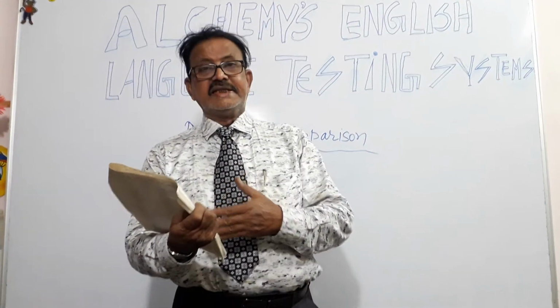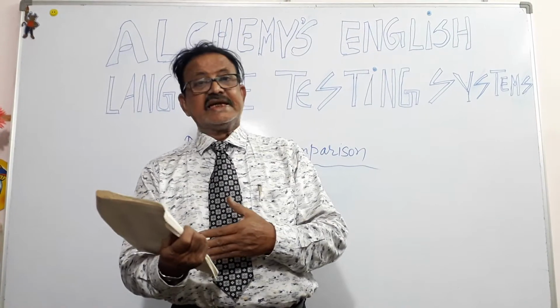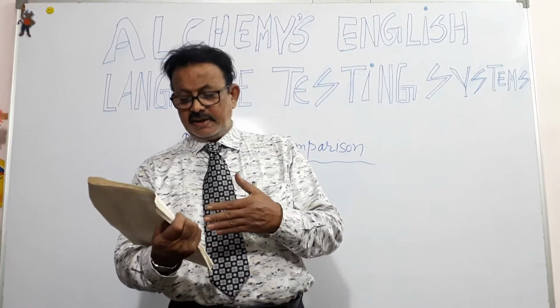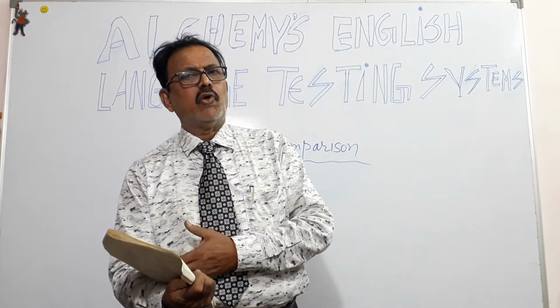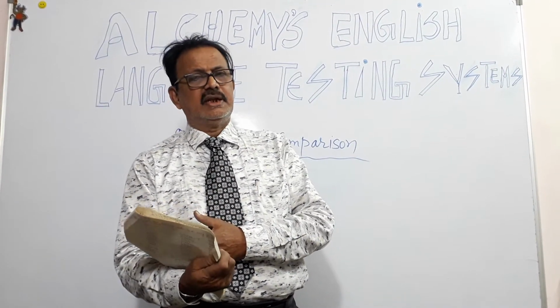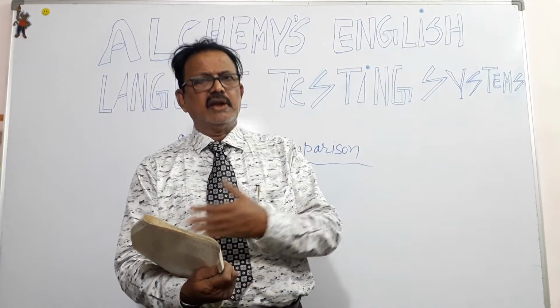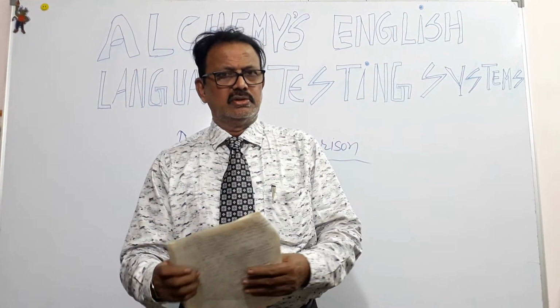Now, in this rule, for a single syllable, we are adding er and est to form comparatives and superlatives. Now, let us see the second rule.